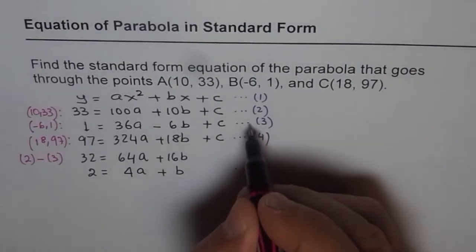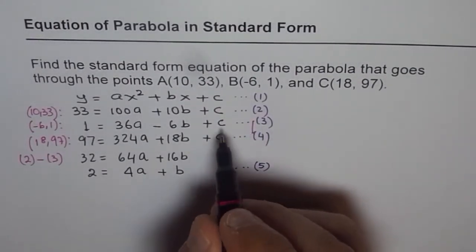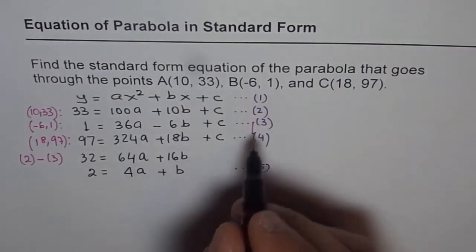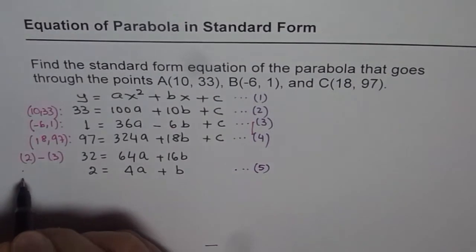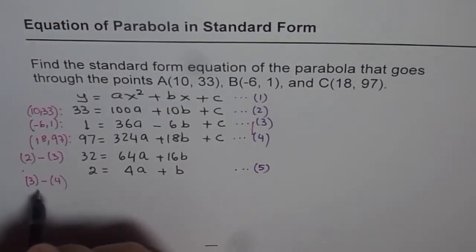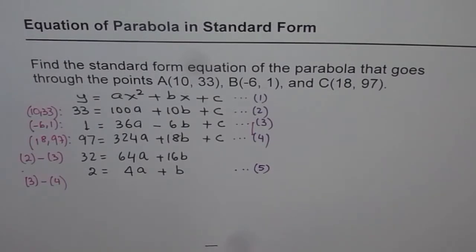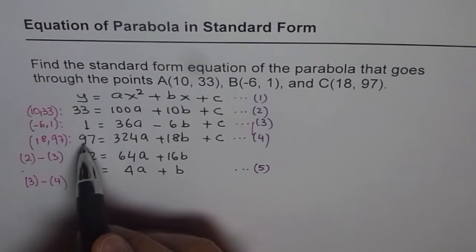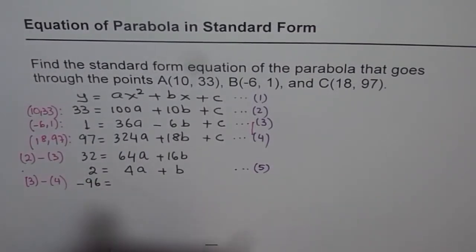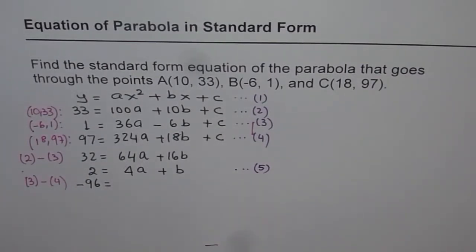Now we can use these equations and find another equation with just a and b. So this time we'll do equation 3 minus equation 4. So these are the equation numbers. When you do equation 3 minus equation 4, 1 minus 97 will give us minus 96. Now 36 minus 324, let's use the calculator and find out the answer.